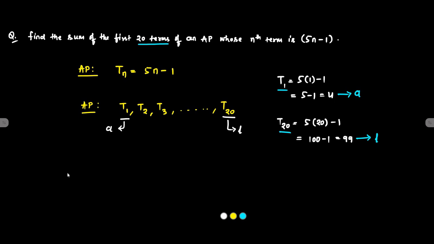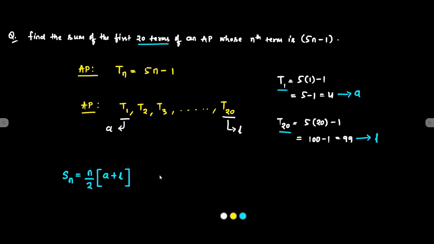Now we have the formula, the sum of the first n terms of an AP, which is given by n by 2 into A plus L, where n is the number of terms, A is the first term, L is the last term.